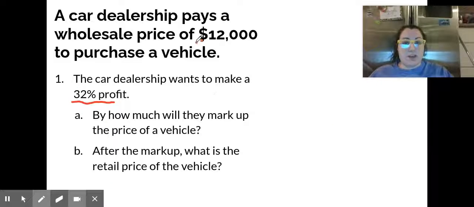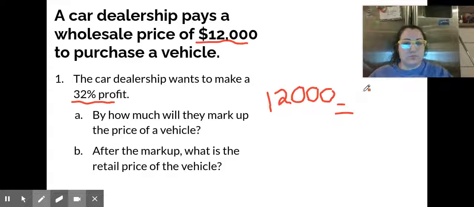So we know the vehicle costs $12,000. So $12,000 is my 100% because that's my OG amount. Oh, whoops.